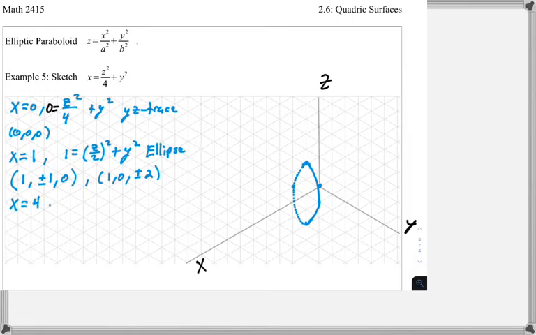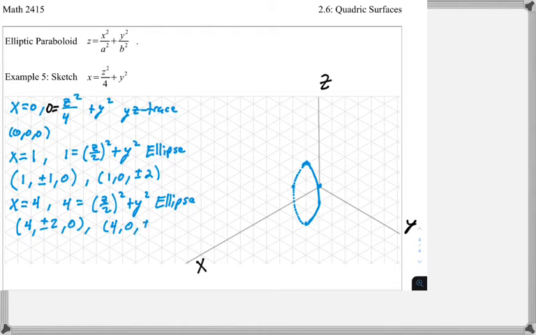We could also let x equal 4. So 4 is equal to z over 2 squared plus y squared, and that's also going to be an ellipse. Okay, so we're going to have 4, plus minus 2, 0, and 4, 0, plus minus 4 are the vertices there, so we'll go ahead and plot those.